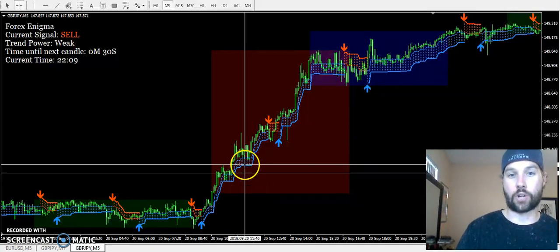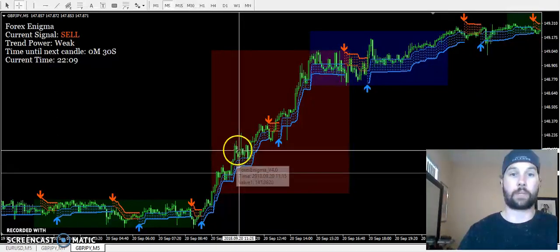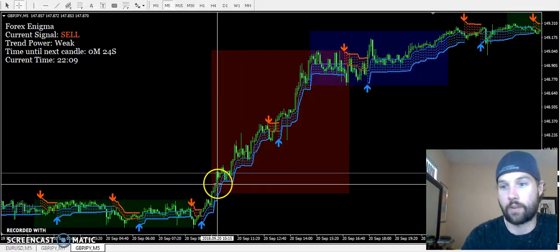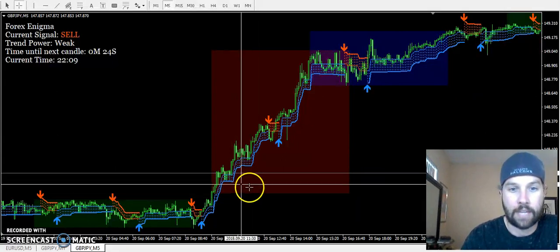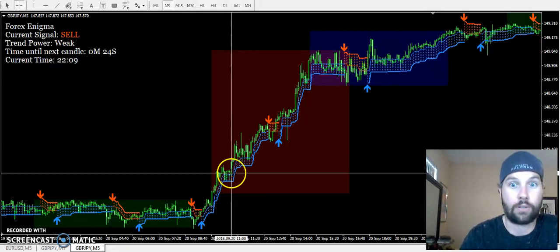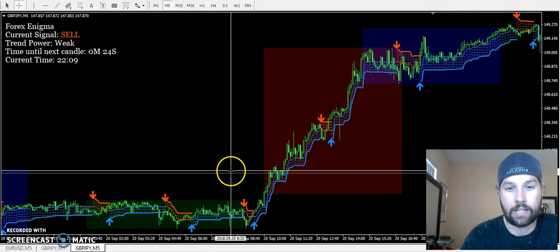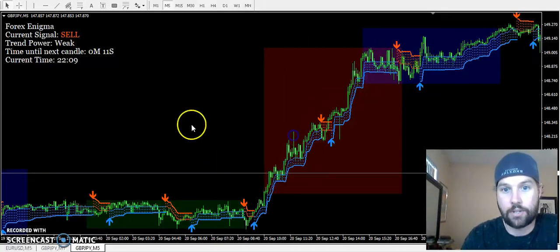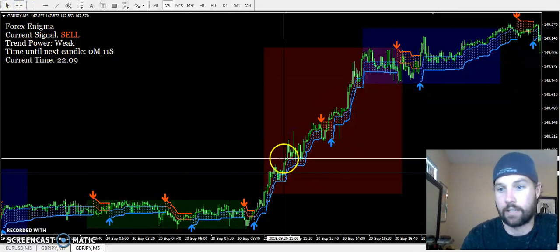Or again, if you're struggling trading, a lot of people come to me and ask, is there something I can do to increase my win rate, increase my consistency? And this is my always go-to recommended strategy, because you don't have to trade very long. I mean, you could see, a lot of these trades you can get 30 pips in less than an hour.